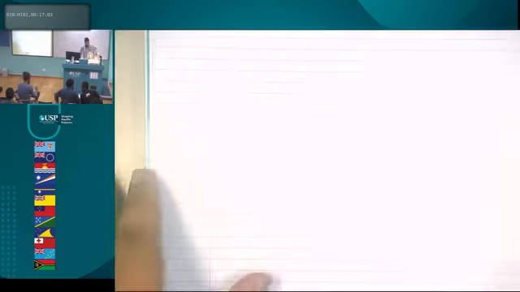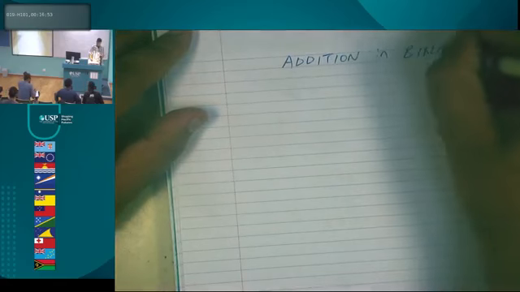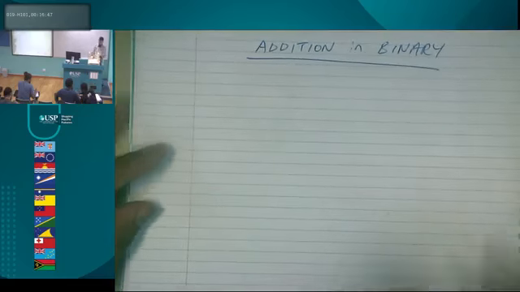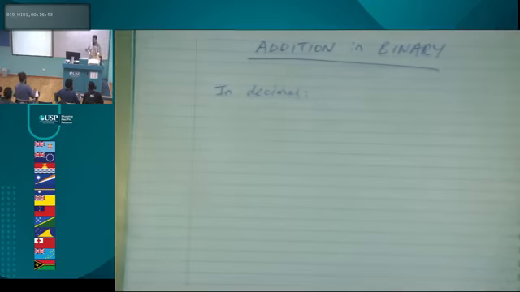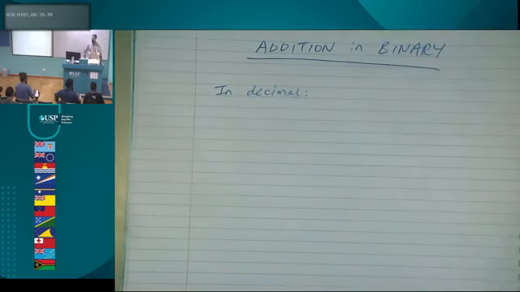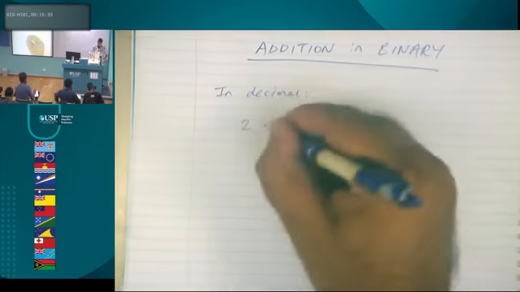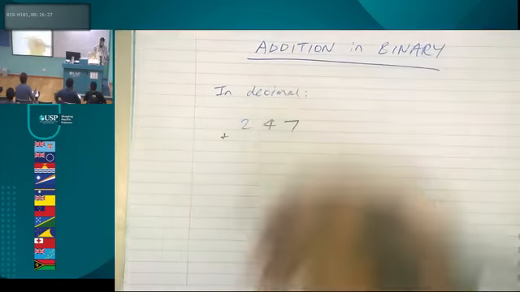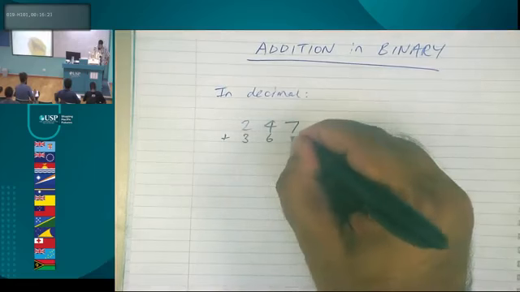Let's have a look at addition in binary. In decimal, if we have, let's choose some number, 2, 4, 7, and we want to add another number, let's say 3, 6, 5.